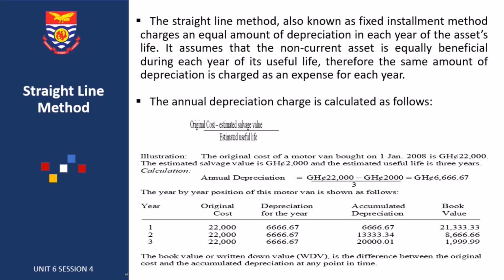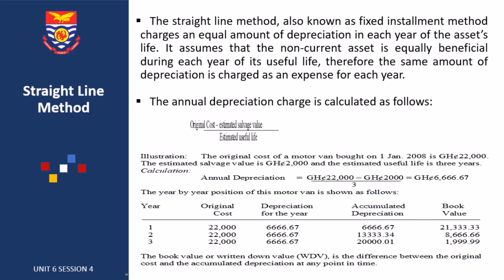The year by year position of this motor van is shown as follows. So year 1, the original cost as will stand in the statement of financial position is 22,000. The depreciation for the year, as we computed, is 6,666.67. Then the accumulated depreciation for the first year will still be the depreciation for the year.